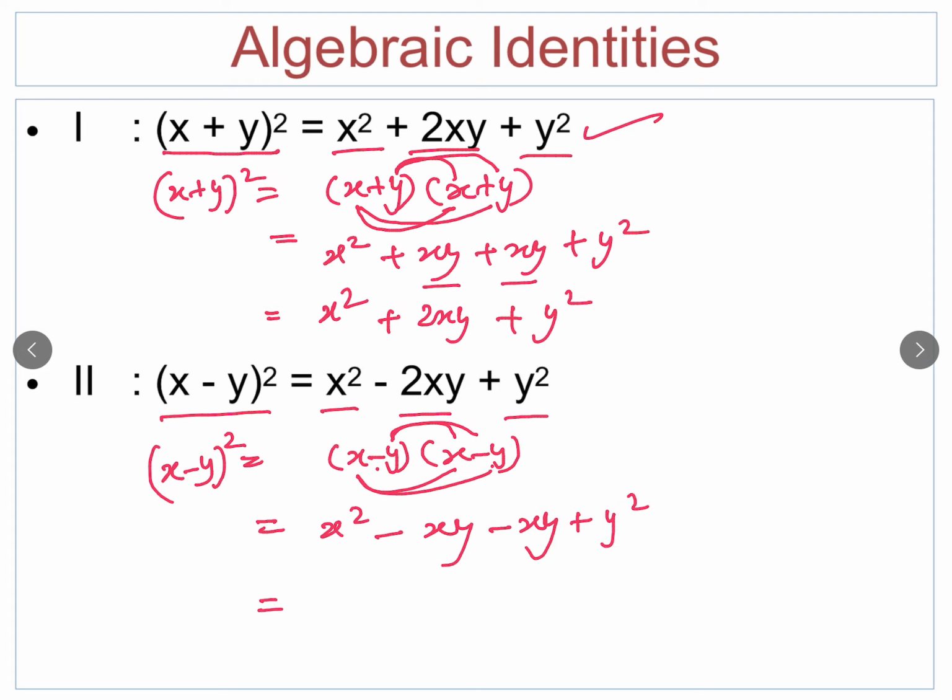Then we have x square, minus xy and minus xy will be minus twice of xy, then plus y square, which is identity number 2, that is (x minus y) whole square is equal to x square minus 2xy plus y square.